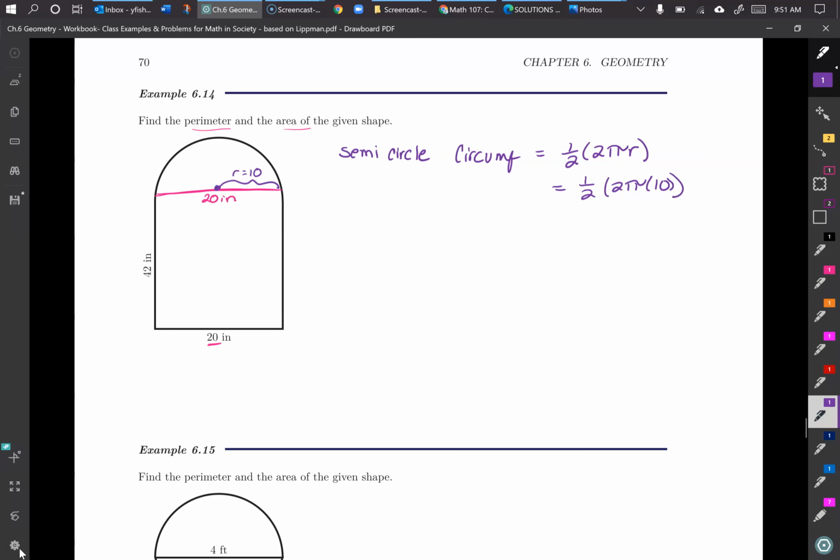Now we could have just used the diameter again and taken half of that and done it out, but I want you to see how it all fits together. So this would reduce and we would end up with 10 pi. And we can round off on this one, and we're going to do 31 about.